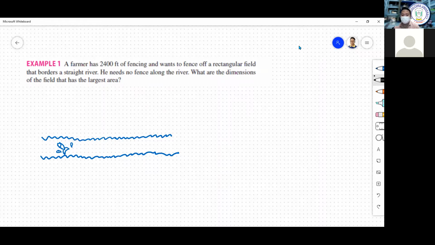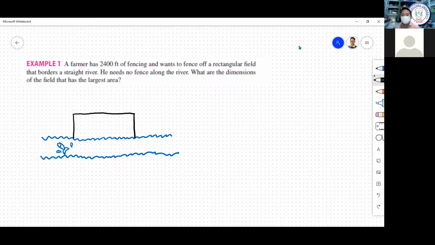So technically, the material to fence is only used on this part here. Do you agree? That black part of the illustration is the only part where we can install the fence.